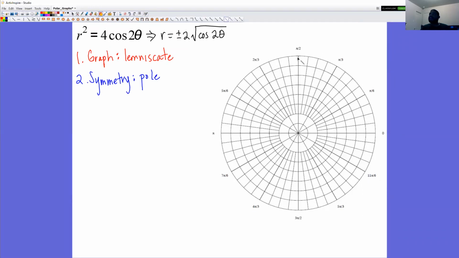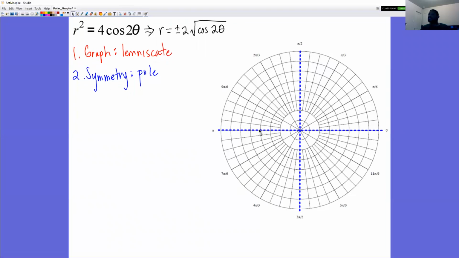That does imply that this has symmetry with respect to the line pi over 2 and symmetry with respect to the polar axis. It's both.